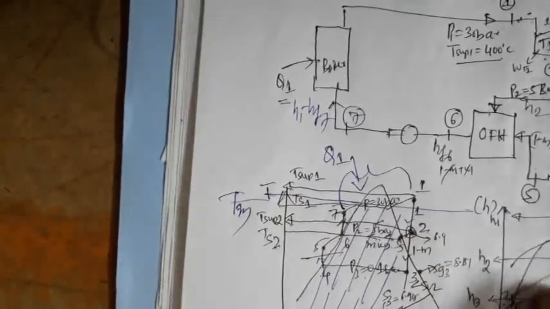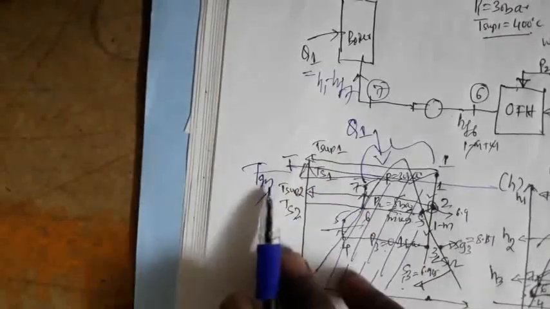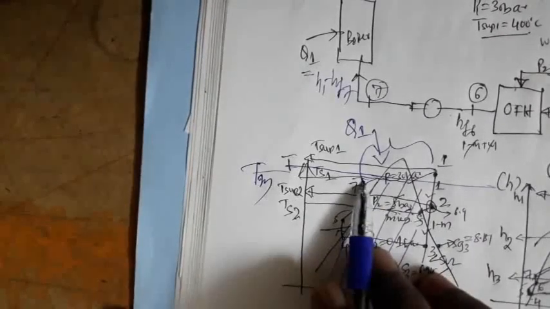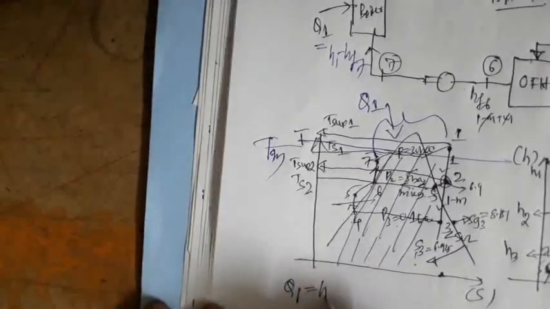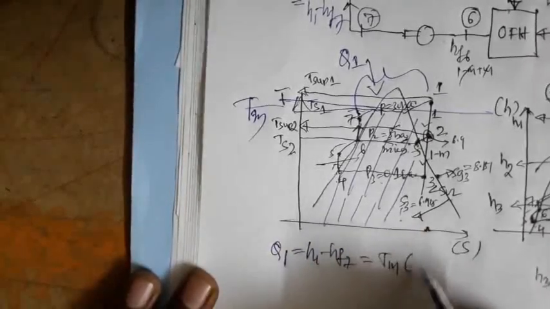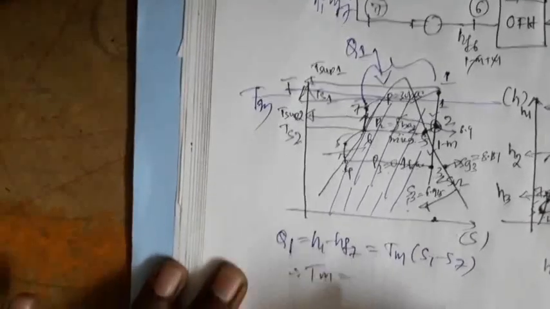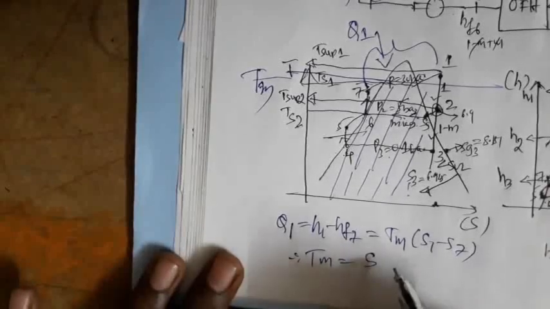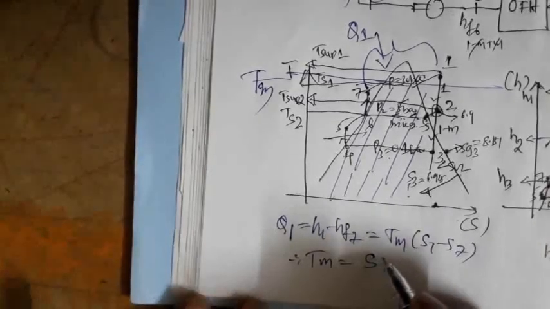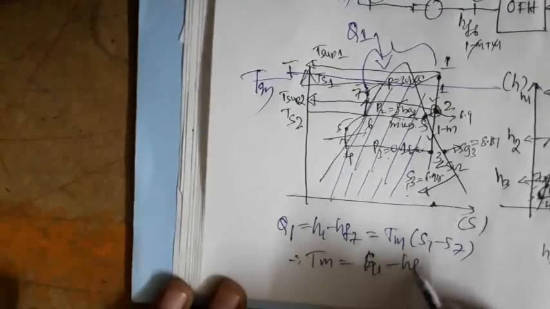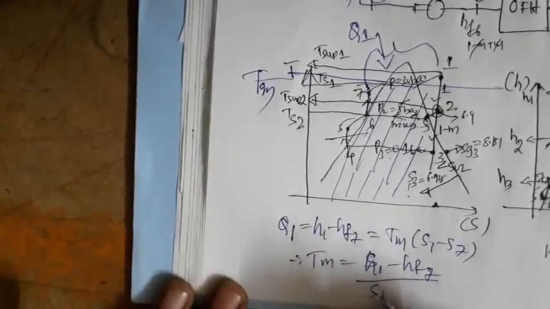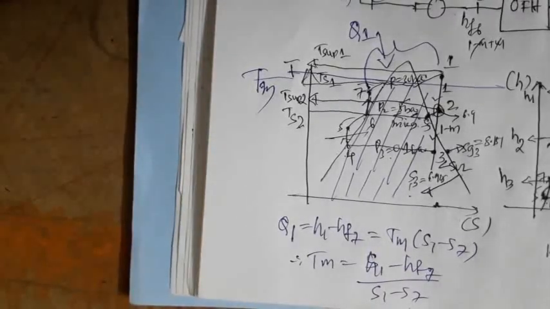Q1 is equal to H1 minus HF7, which is equal to Tm into the change in entropy, S1 minus S7. Therefore we can calculate the mean temperature as H1 minus HF7 divided by S1 minus S7.